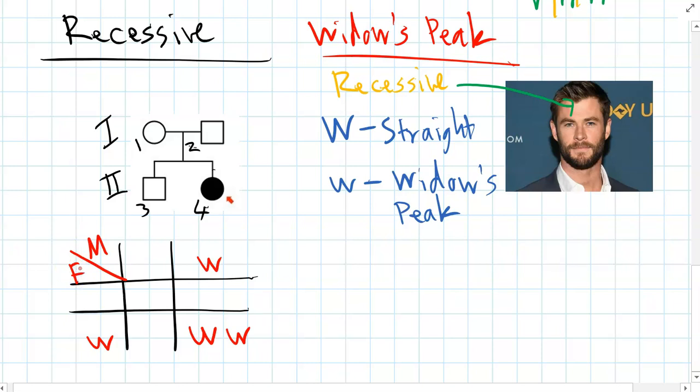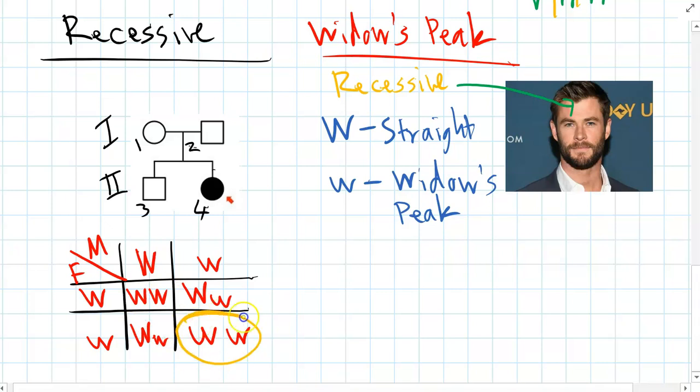So the mother, she must have one small w, but she must have a capital W to have straight hair, and the same for the father. So we can fill in the rest of the Punnett square. Capital and capital, capital and small w.